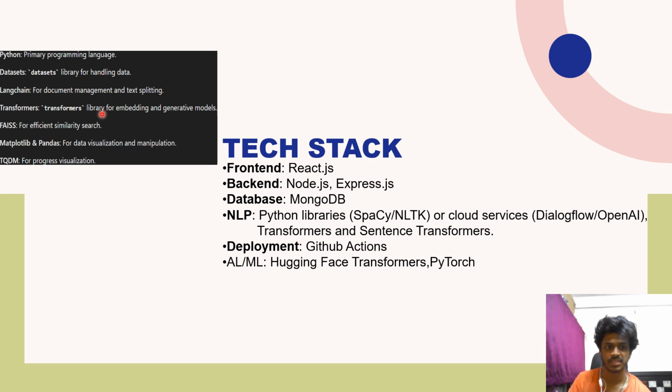We use different datasets from the government, Matplotlib and Pandas for visualization and manipulation, and for progress visualization, we use TQDM. And also for AI/ML, Hugging Face Transformers, where we get all these libraries from, and PyTorch as well. For deployment, we are using GitHub Actions for further process.